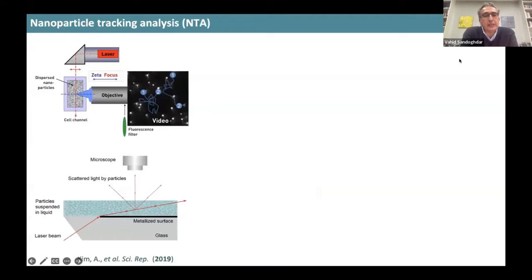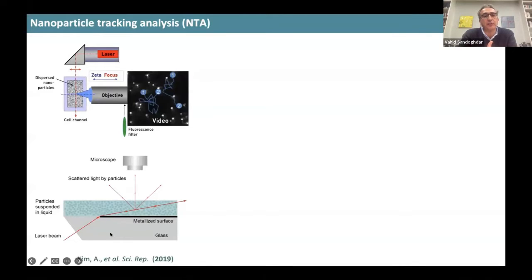All right, so I believe nanoparticle tracking analysis, or NTA, is quite well known in the community of EV scientists. This is a commercial method, and it's based on dark field microscopy, or any way that you can get intensity from particles. So you can do this, for example, in fluorescence shown up here, or dark field as shown here.